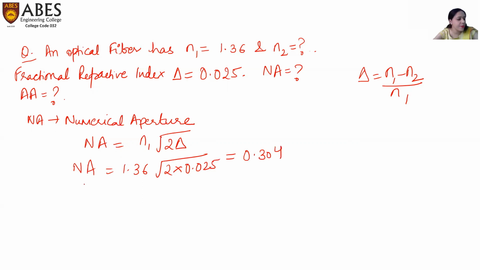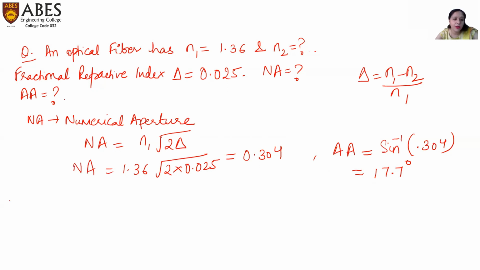So this is your numerical aperture. The acceptance angle will be simple sine inverse of numerical aperture, so sine inverse of 0.304, which will be around 17.7 degrees. So we have calculated the acceptance angle and numerical aperture.